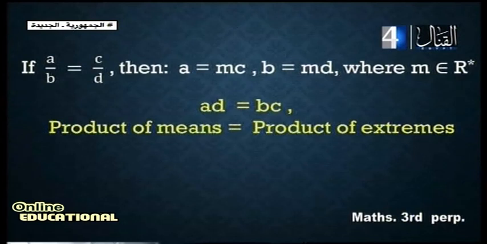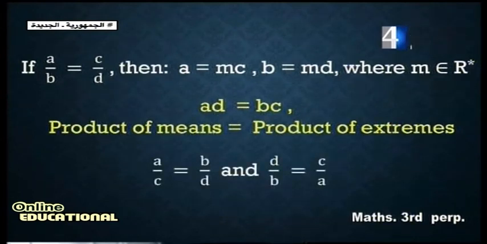If we exchange the places of B and C, you are going to obtain a new ratio as A over C equals B over D. What about if you exchange the places of A and D? It will be D over B equals C over A. And they are the same equal ratios.